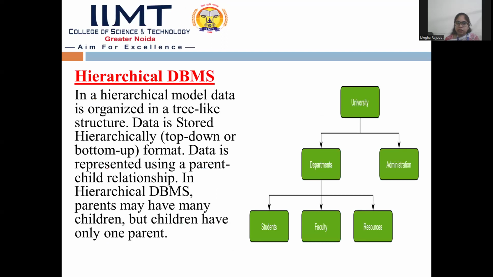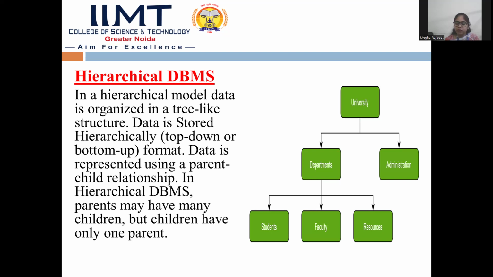So what is hierarchical database? In hierarchical database, data is organized in a tree-like structure. Data is stored hierarchically, means top-down or bottom-up approach. Data is represented using a parent-child relationship.